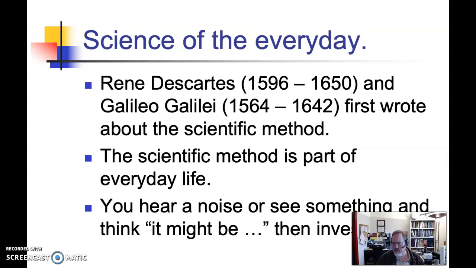They're some of the first known writings about the scientific method and what that is. But it happened well before them, maybe even well before humans in a sense. So what do I mean by that? I'll explain.